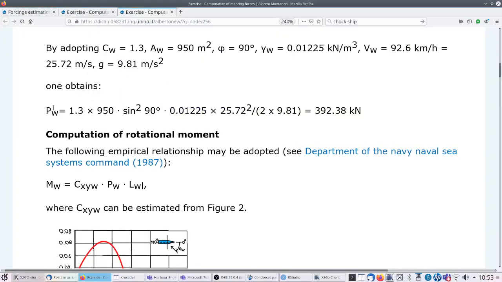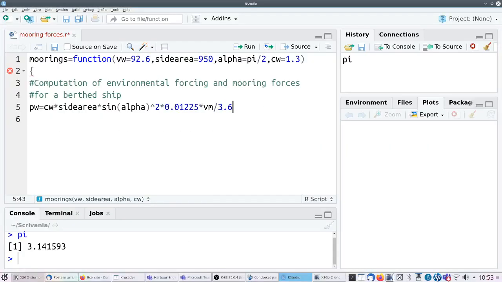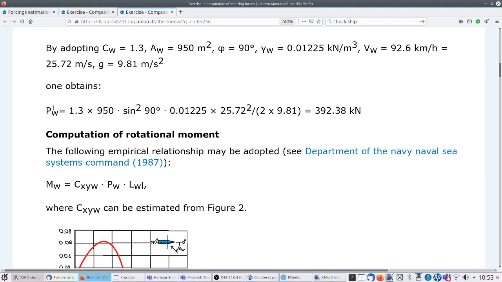Now square. Just one second. So I need to square with the parentheses. Square divided by 2 divided by 9.81. I think we should be done.